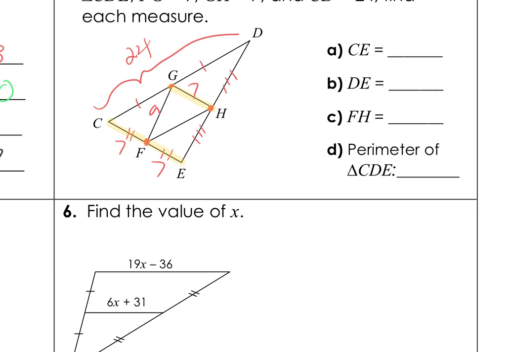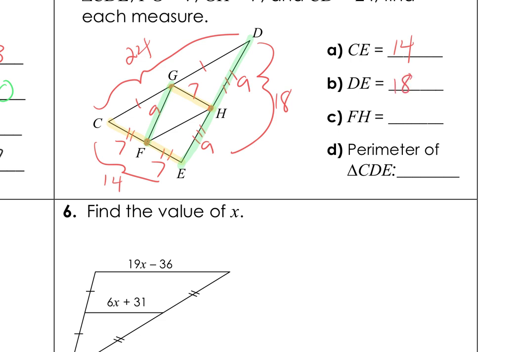So C to E is going to total out to be 14. DE, again, if I highlight out my sides, DE is going to be parallel to FG. So I see that this one is 9. That means that's 9 and that's 9. Or double 9. 9 times 2 gives you 18.